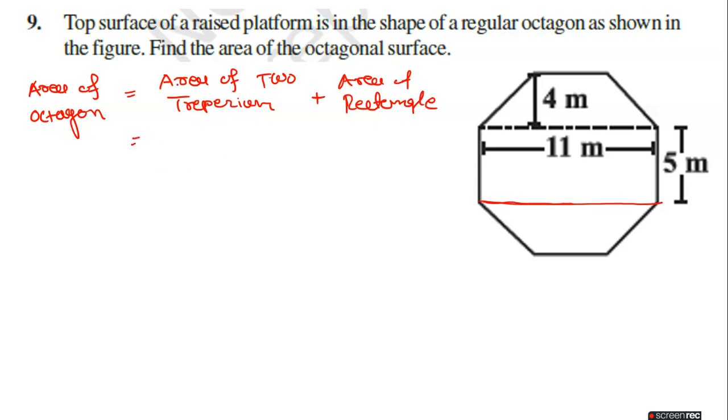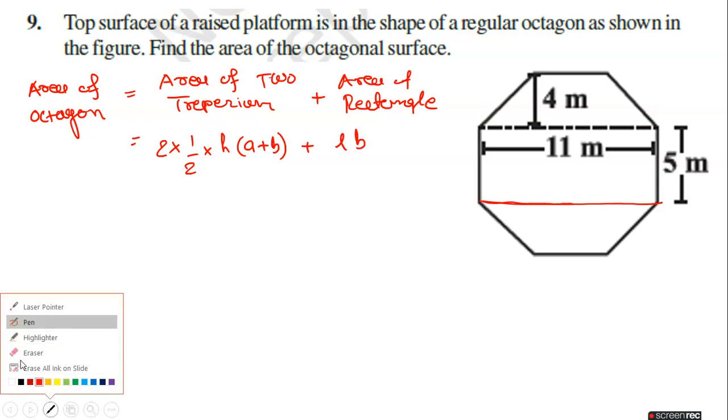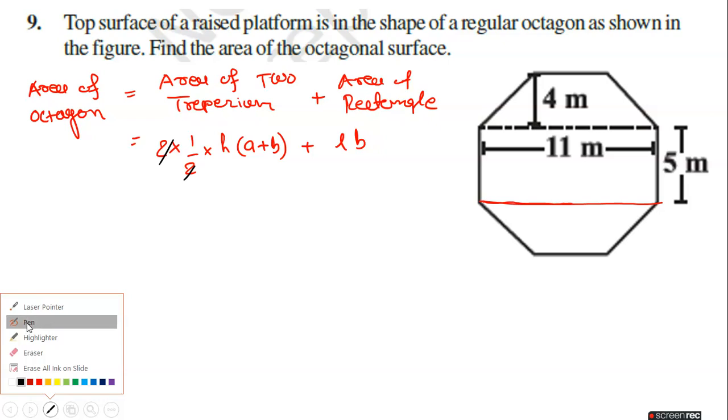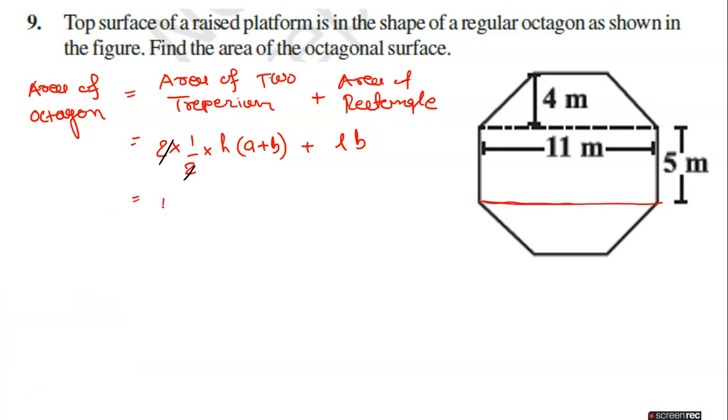And now we'll write the formula. Two trapeziums, so I will write here 2 into area of trapezium, 1 by 2 into height into bracket a plus b, plus area of rectangle is L into B. Now, as you know, 2 and 1 by 2 will cancel, so we can write h into a plus b plus lb.